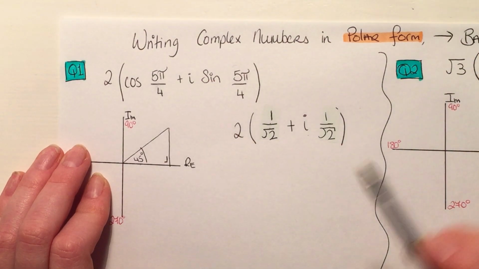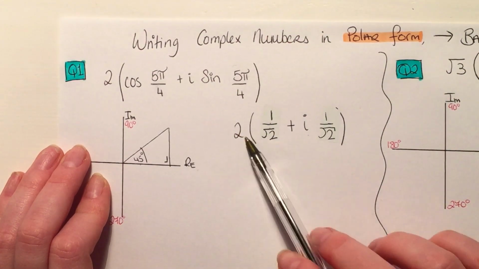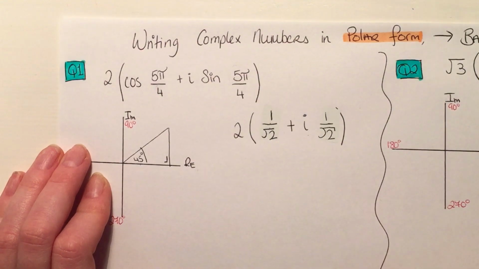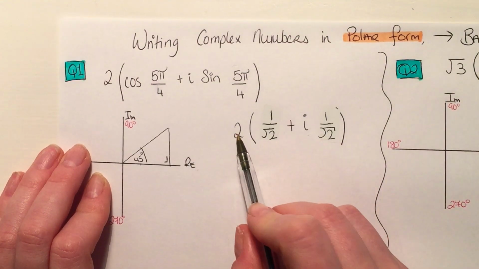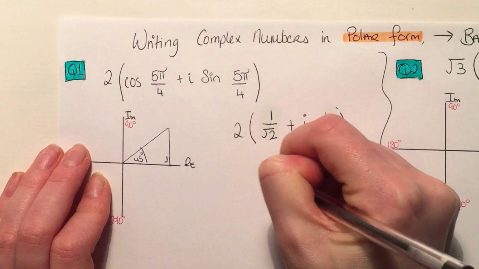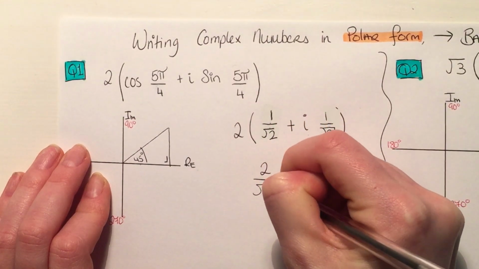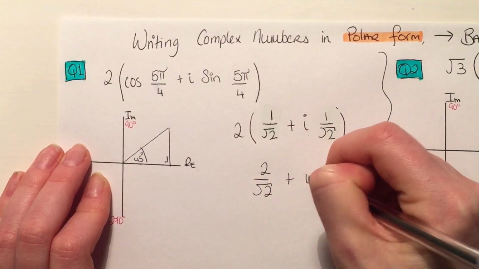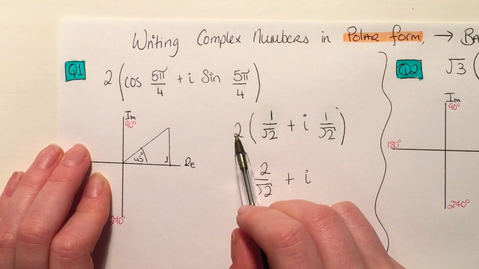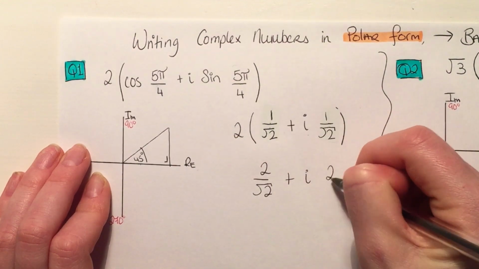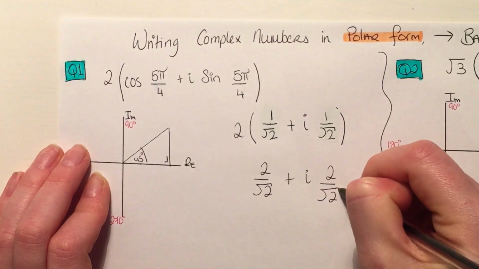Now, we're nearly there. All that's left to do is multiply these out. Okay, so we've got 2 times 1 over root 2, which is 2 over root 2, plus i, 2 times 1 over root 2 again is 2 over root 2.